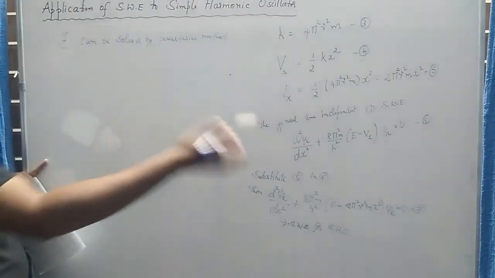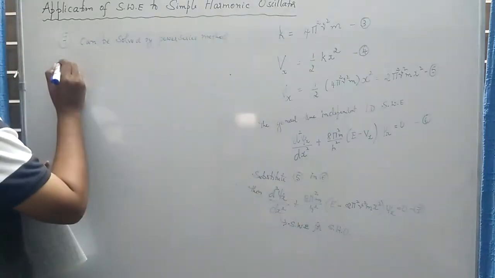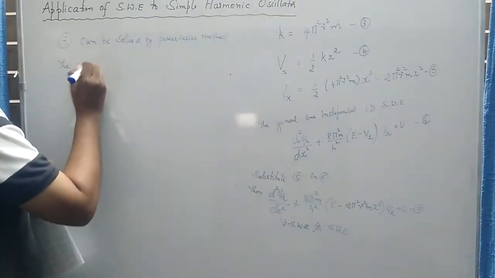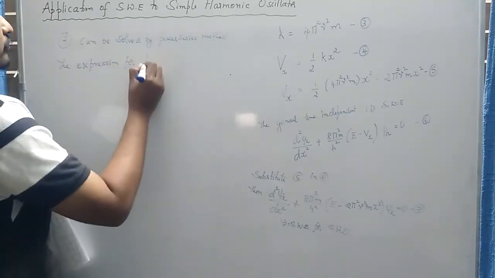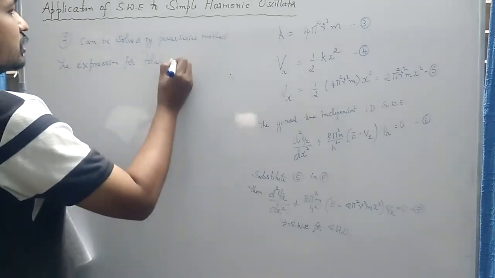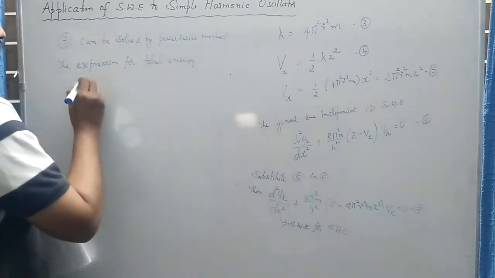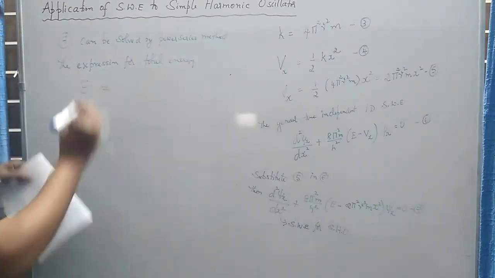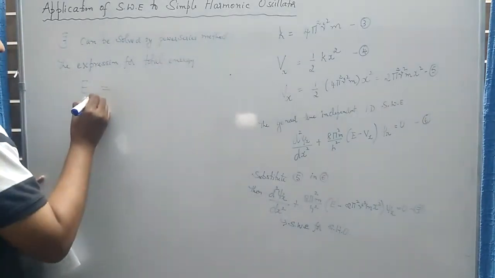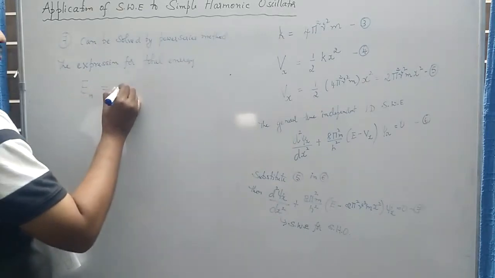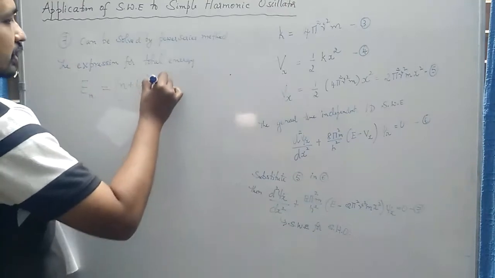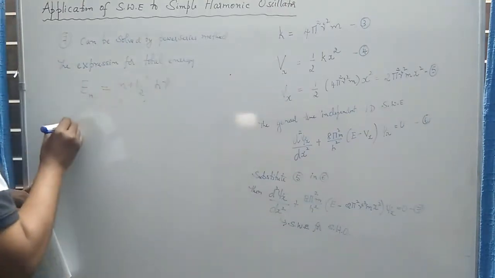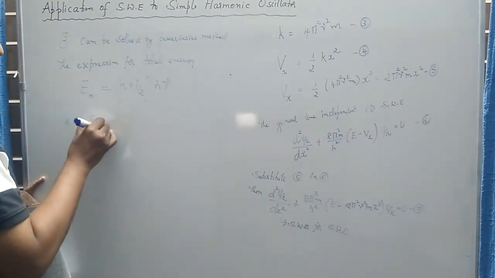So after solving the Schrodinger wave equation by using this method, the expression for total energy E, or I will write it as En, is equal to n plus half into h into nu, or you can also write it as Ev.